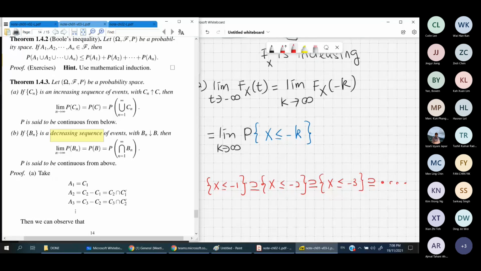So now if you look at here, we can take this to be B1.